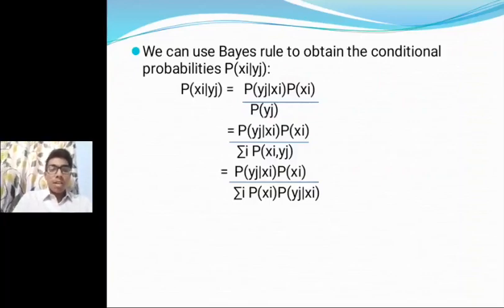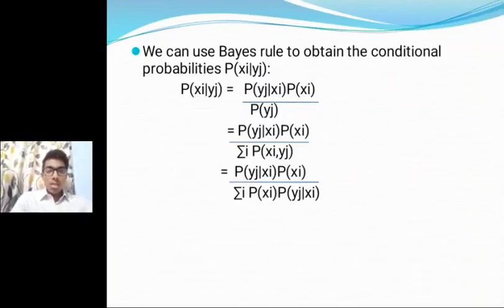Now p(xi/yj) is equal to p(yj/xi) times p(xi) upon p(yj). We can further solve the denominator as the summation of p(xi, yj), the joint probability, which can be written as the summation over i of p(xi) times p(yj/xi).